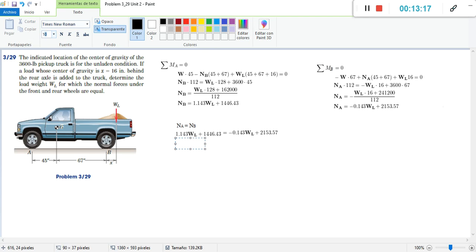We can write it as 1.143 WL plus 0.143 is equal to 2,153.57 plus 1,446.43.